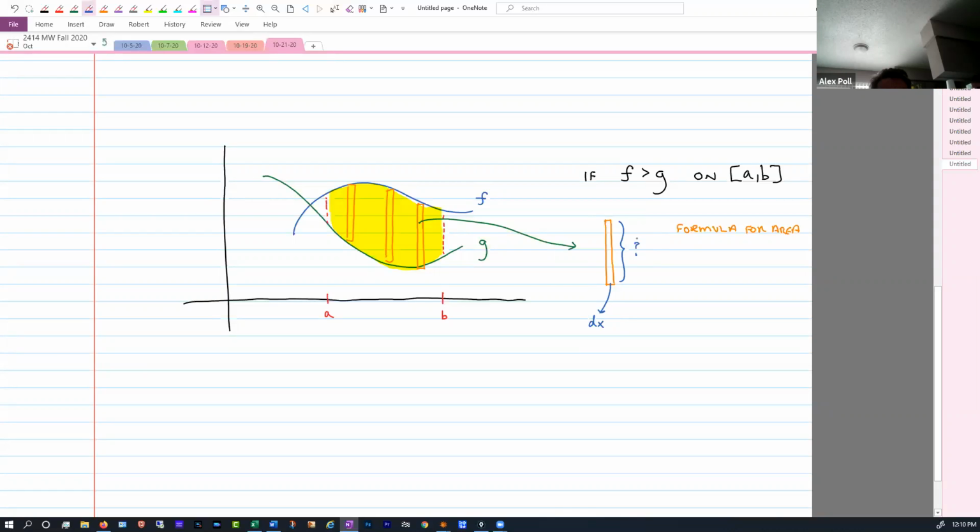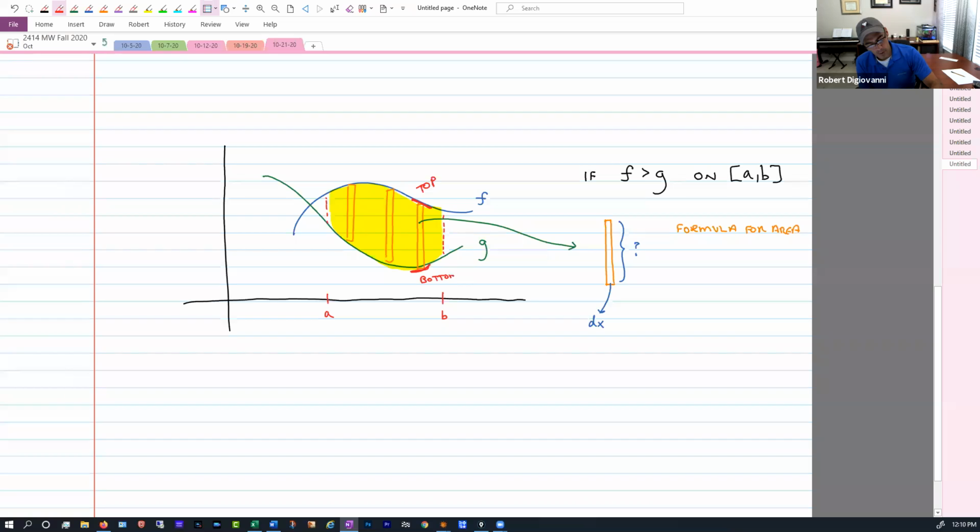Yeah, it's the top function. So for this rectangle we have a top function and a bottom function. In this case, f is the top function and g is the bottom function, so the difference of those two should be the height of that rectangle: f of x take away g of x.